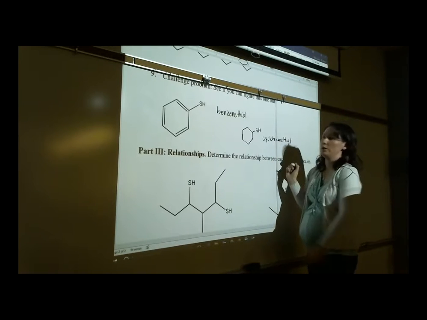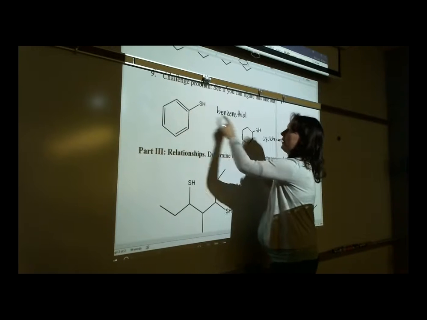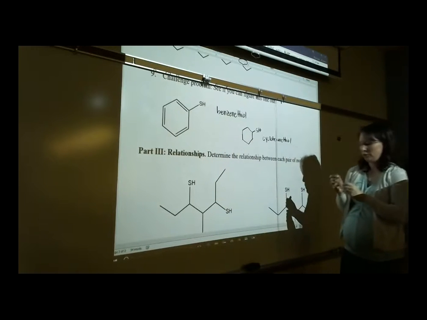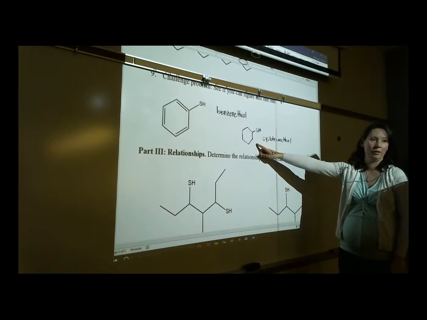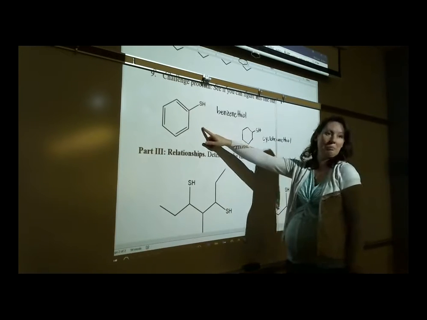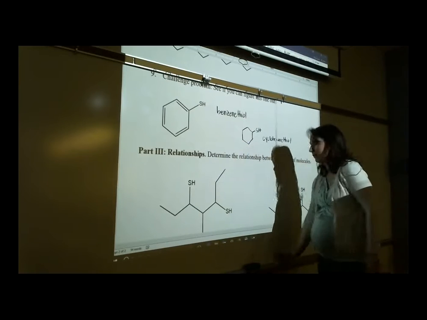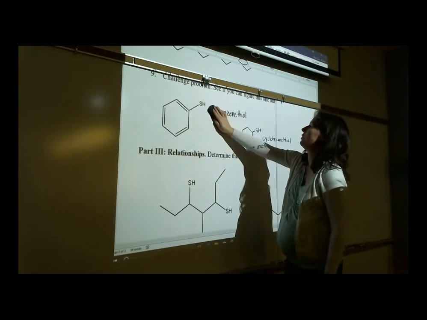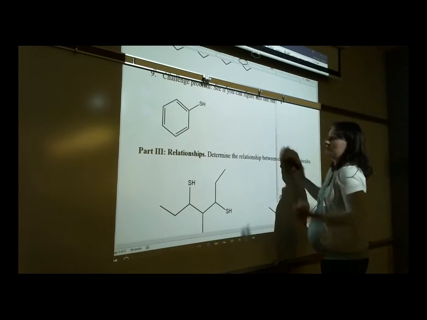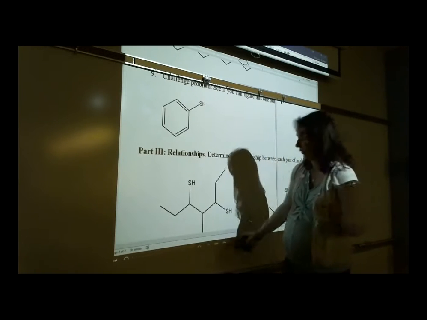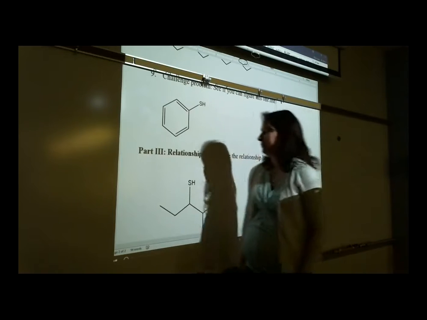When you put in every other double bond, that's a benzene. So just use it as a comparison. If this is cyclohexane thiol, this must be benzene thiol. Again, that's not one of the ones you are required to memorize as a functional group with a specific name like aniline or toluene. I just want to see if you can figure it out.